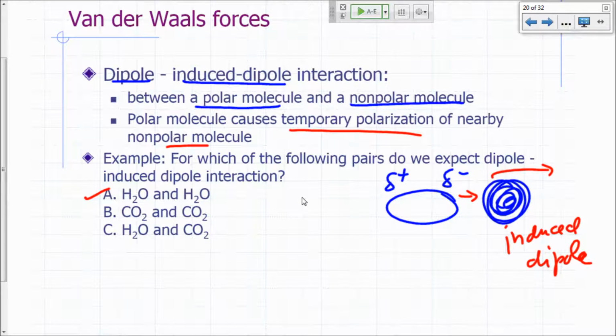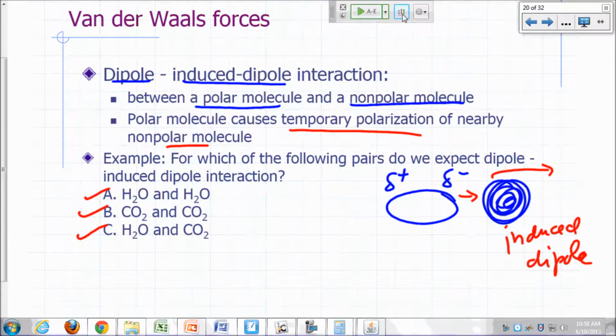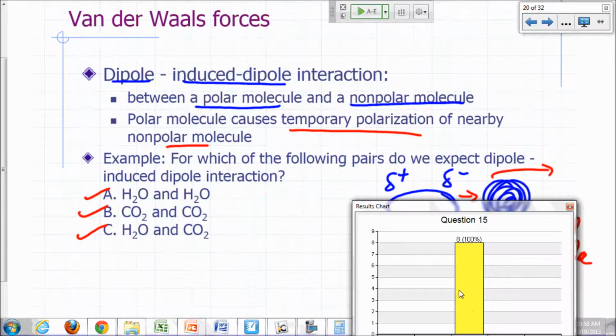Between a pair of water molecules, between a pair of CO2 molecules, or between water and a CO2 molecule? Very good. Water is polar, CO2 is nonpolar.